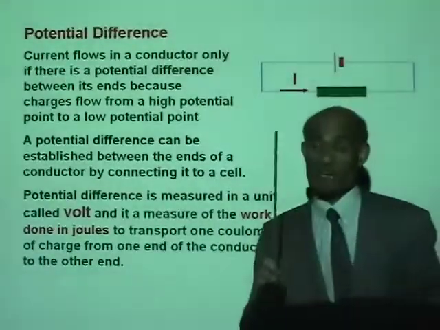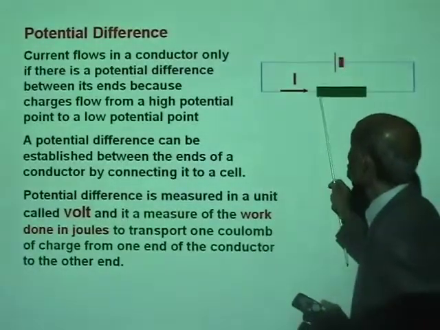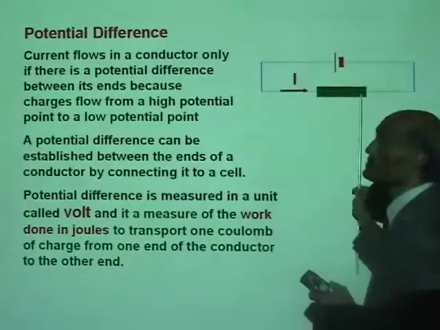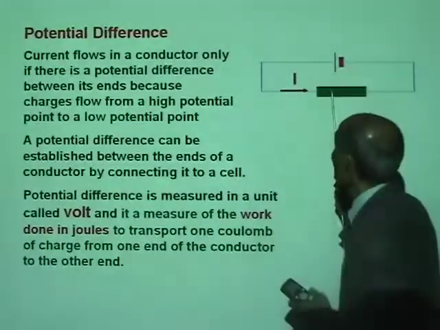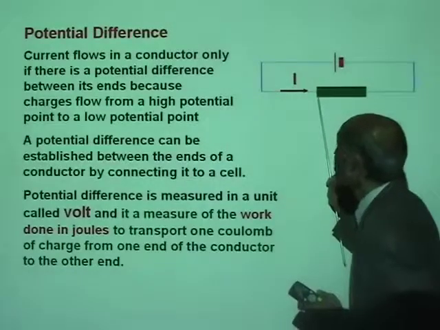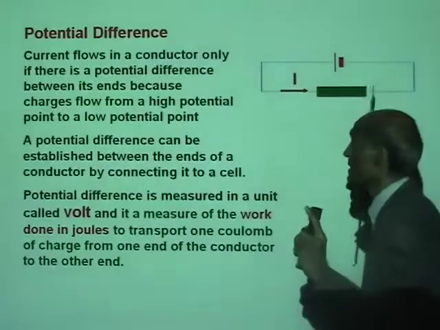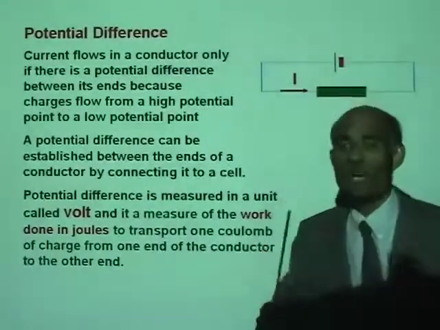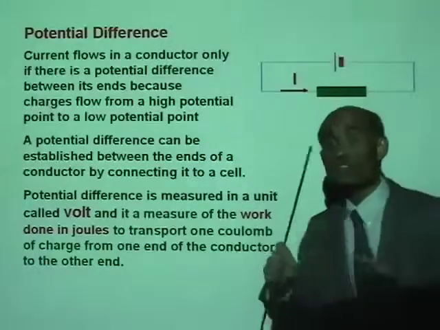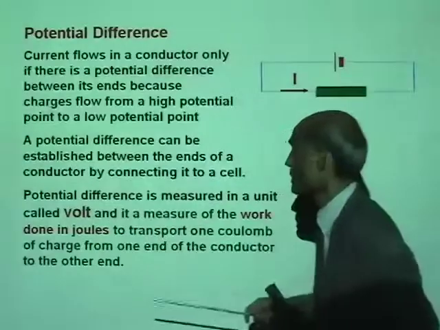Now, listen to me and understand this concept. Suppose I say the potential difference between the ends of this conductor is 1 volt. What does it mean? It means to transport 1 coulomb of charge from this end to this end, you need to do 1 joule of work. 1 joule per coulomb is called a volt.